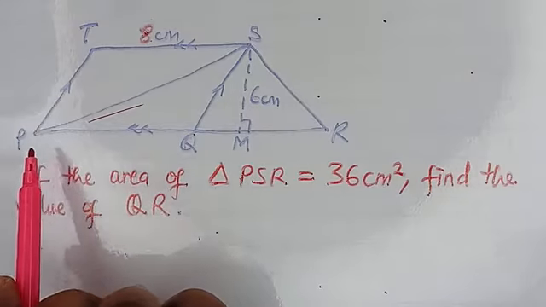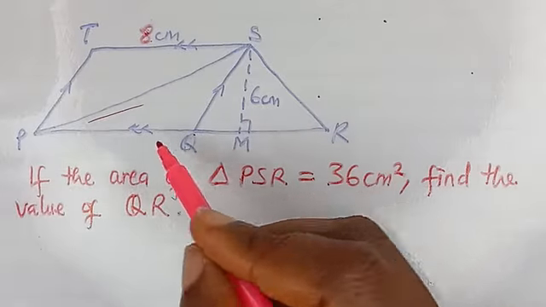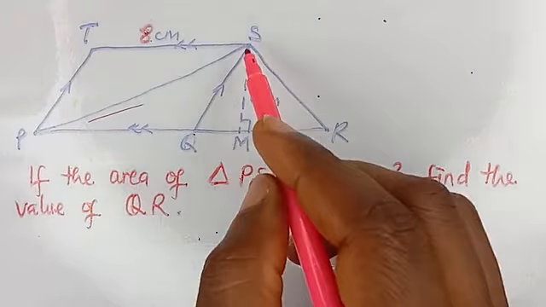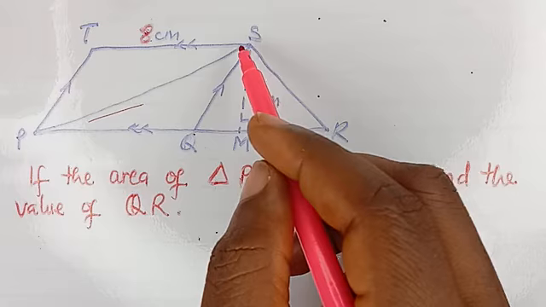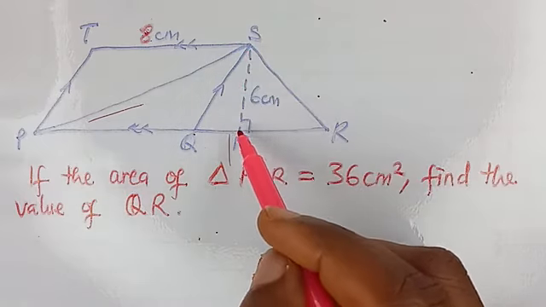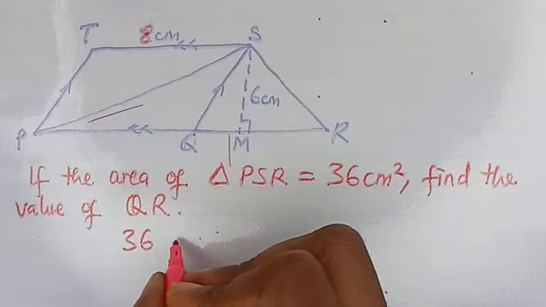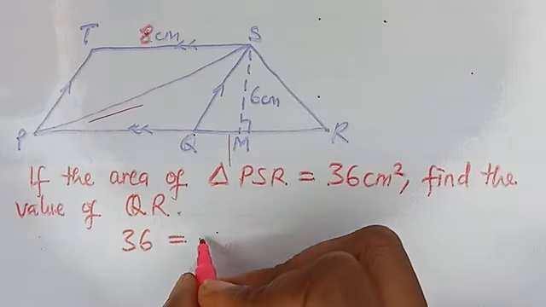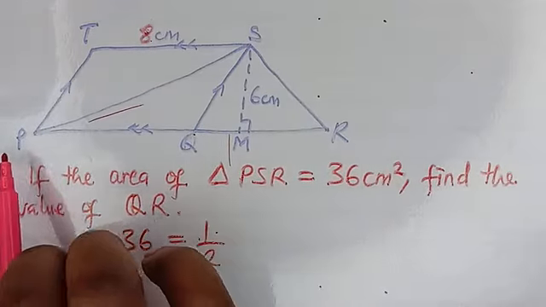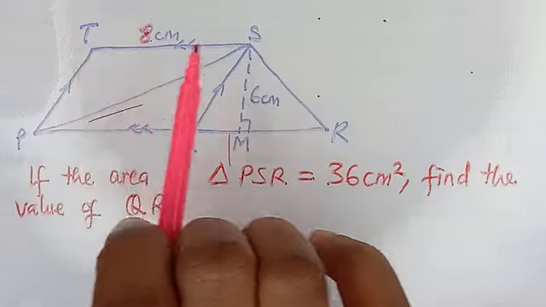Remember that the base is the side perpendicular to the height, at angle 90 degrees. So this 6 represents the height. This area, 36 cm squared, the area of this triangle PSR, is equal to half base times height, and the base is now P to R. But we've been given that this side TS is 8 cm.